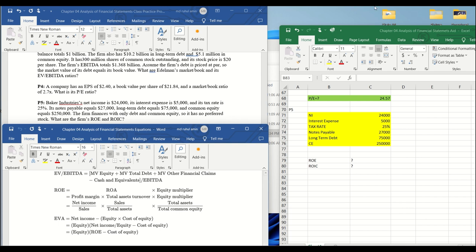So use the third formula: sales cancel, total assets cancel, so ultimately it is net income by common equity, ROE, 0.96, or in percentage form it should be like this.